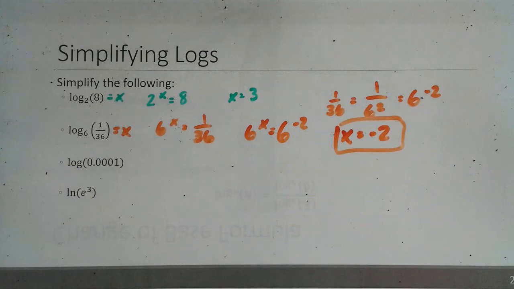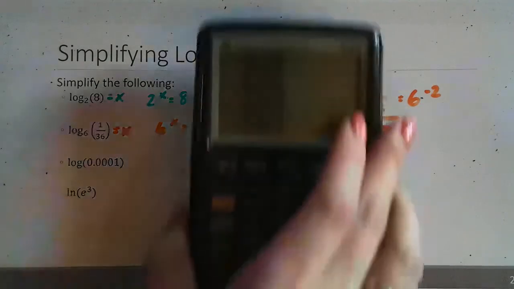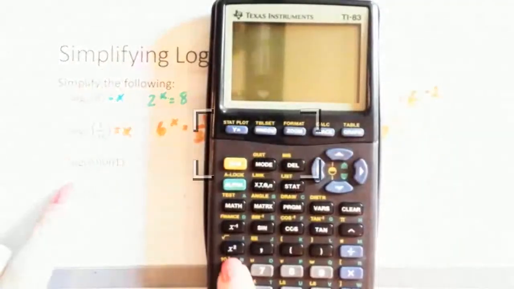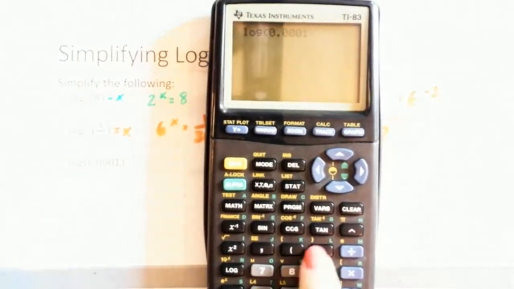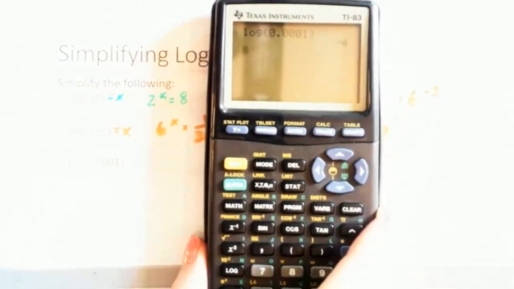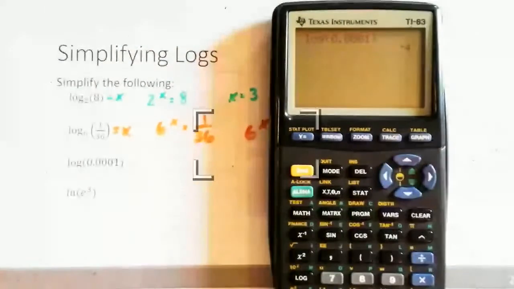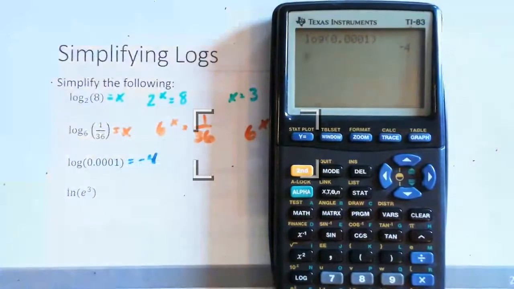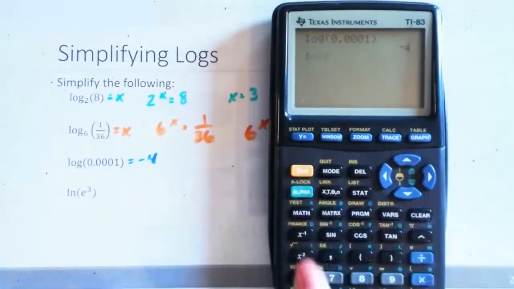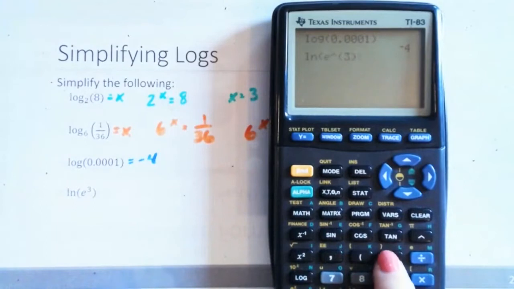These last two, we could do the whole set equal to x thing, but we have these buttons on our calculator. So let's type in the log of 0.0001. That's equal to -4. And then the natural log of e cubed, so e to the 3rd power, is just 3.